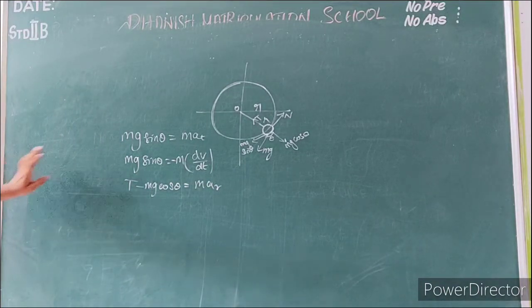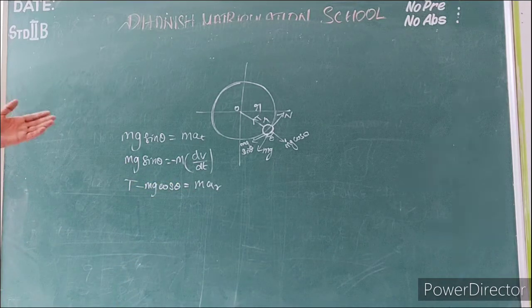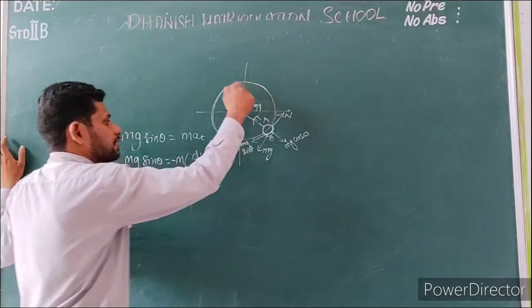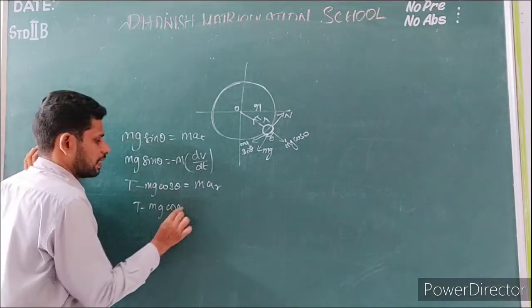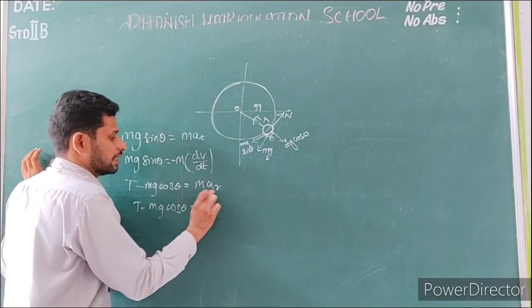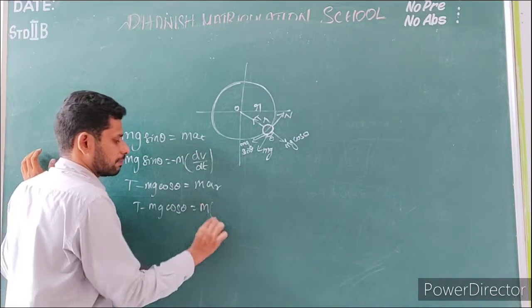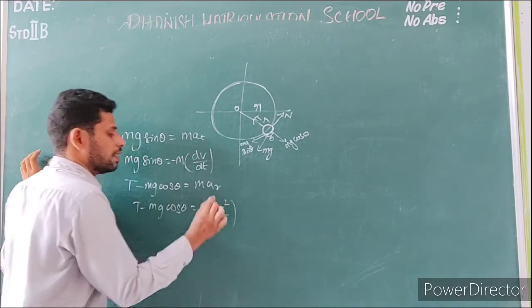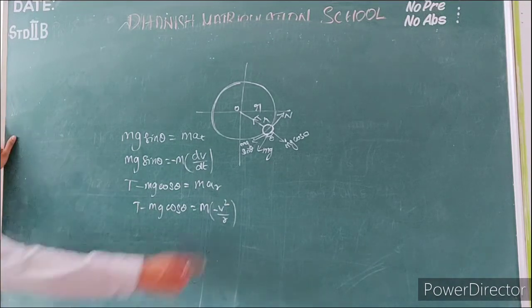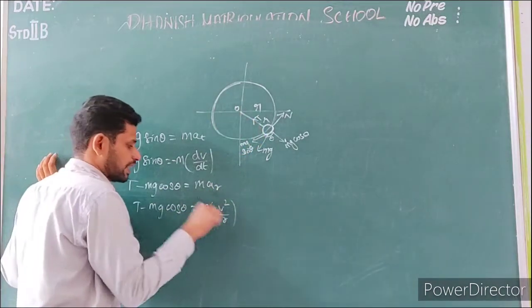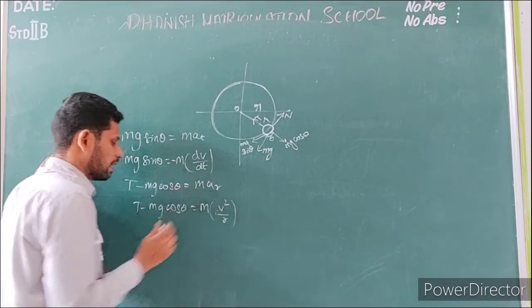That is the centripetal acceleration, acting towards the center. So T minus mg cos theta will be equal to m v squared by r, the centripetal acceleration, which is acting towards the center, so we take it as positive.